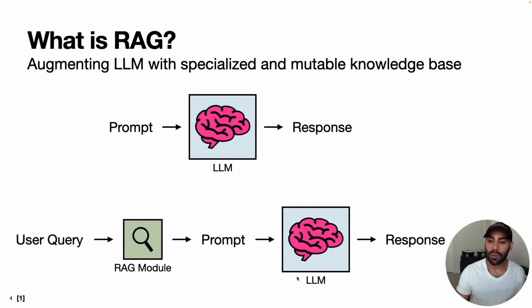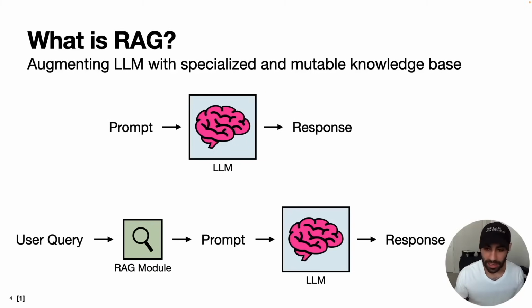And so notice that we're not fundamentally changing how we're using the large language model. It's still prompt in and response out. The only thing we're doing is augmenting this whole workflow using this RAG module, which instead of passing in a user query or prompt directly to the model, we just have this pre-processing step to ensure that the proper context and information is included in the prompt.